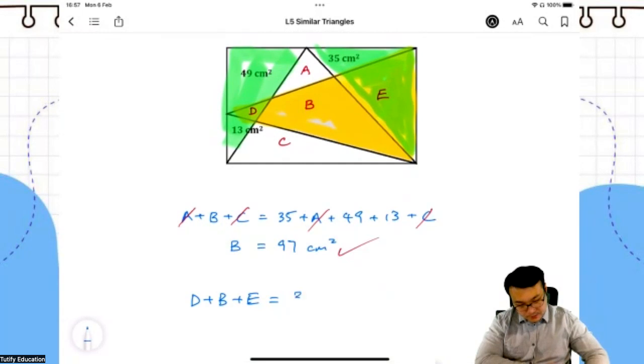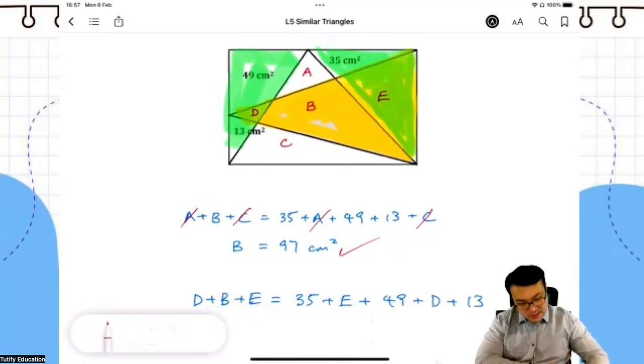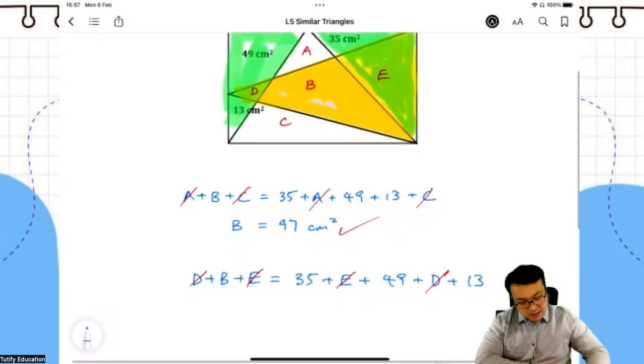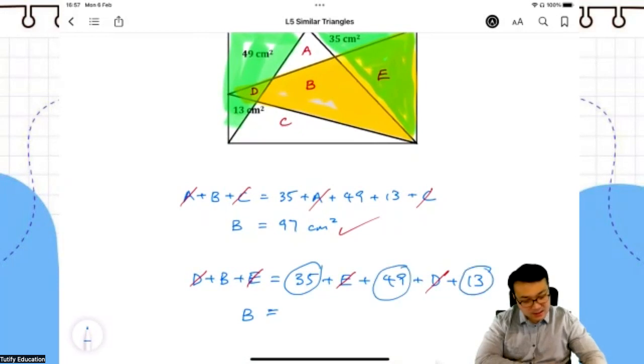35 plus E plus 49 plus B plus 13. Very good. So if you use it like that, then you can also cancel out your E and you can cancel out your D. So now you are going to be left with the same answer, 35 plus 49 plus 13. 35, 49, 13, same.